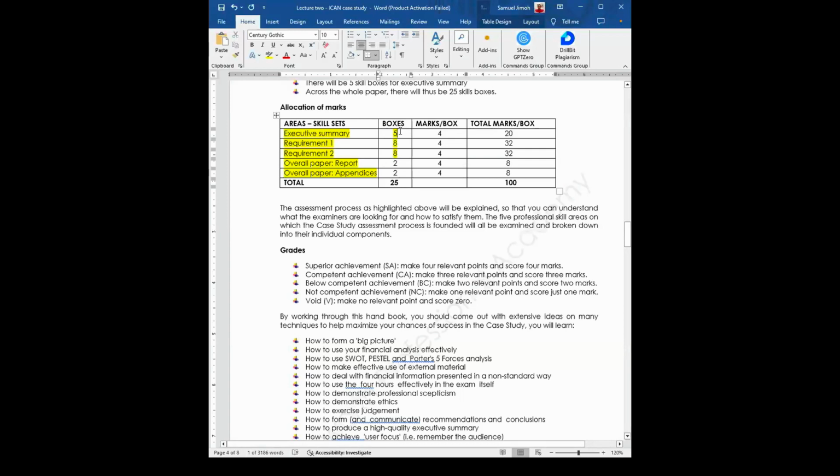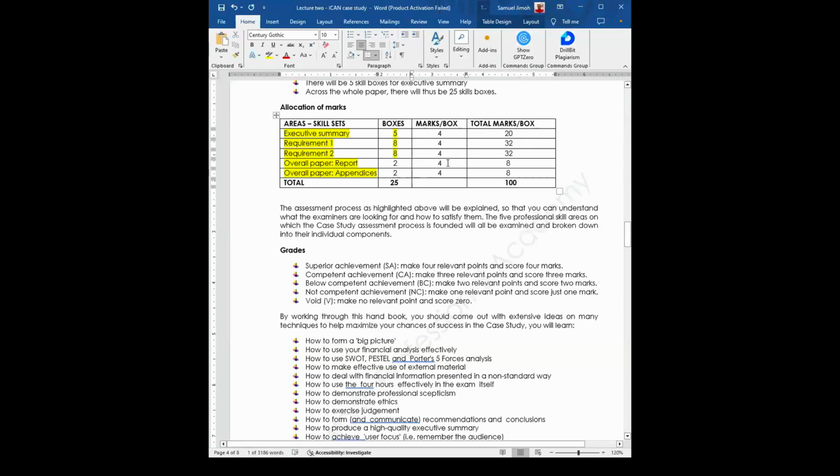If you demonstrate all the 5 skills here, you end up getting 20 marks. Each of the 8 skills under requirement 1 attracts 4 marks each. So the total marks you could get for requirement 1 is 32 marks. Each of the 8 skills for requirement 2 attracts 4 marks. The total marks for requirement 2 is 32 marks.